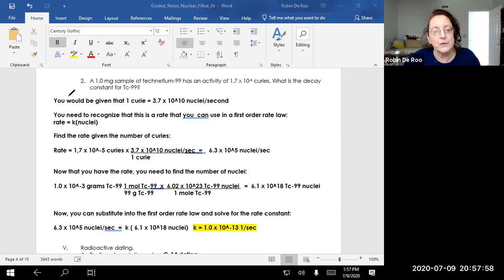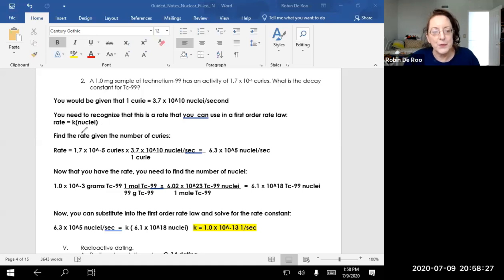So I would give you that 1 curie is 3.7 times 10 to the 10 nuclei per second. You need to recognize that nuclei per second is a rate. We know this is first order, so the rate would be rate equals rate constant times our nuclei.